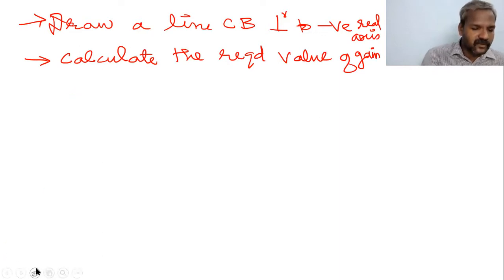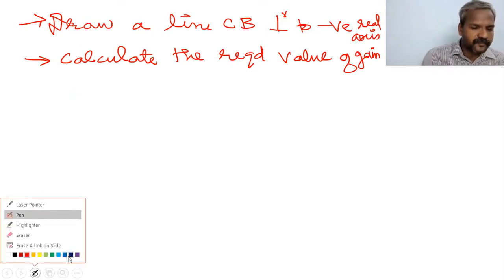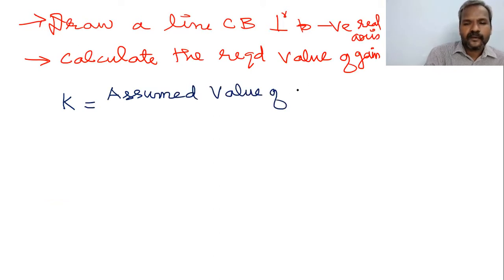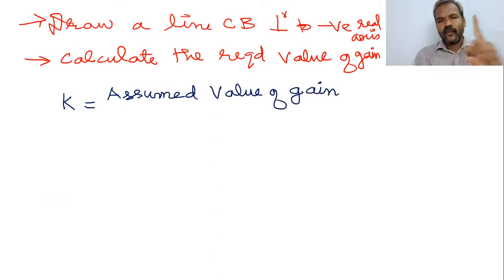The K value is a simple formula. The gain K equals the assumed value of gain. Initially we assumed one value, that is 1. We can take any assumed value.